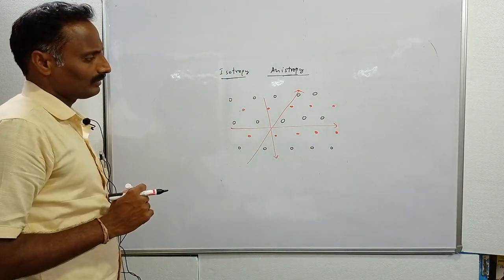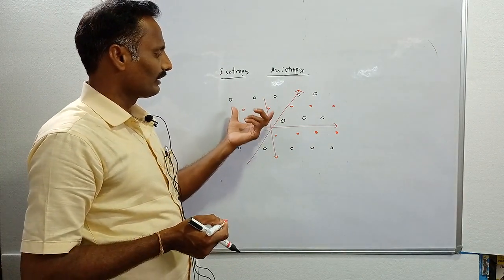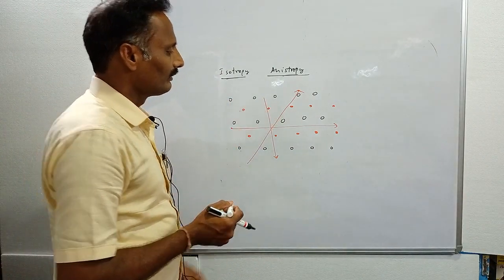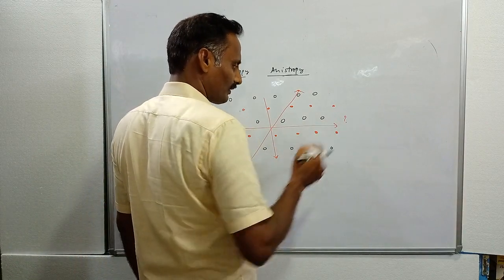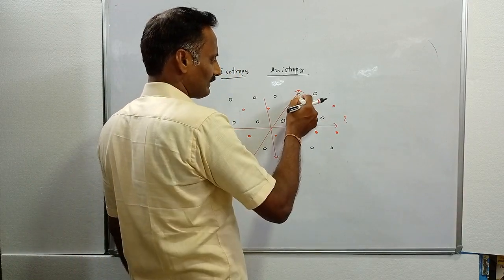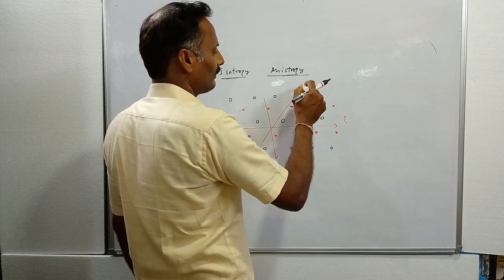In the case of crystalline solids, particles are very regularly arranged. Due to this regular arrangement, if you measure in this direction, you have one value of the physical property. If you measure in another direction, you come across different positive and negative ions in different lines, so you have a different value.